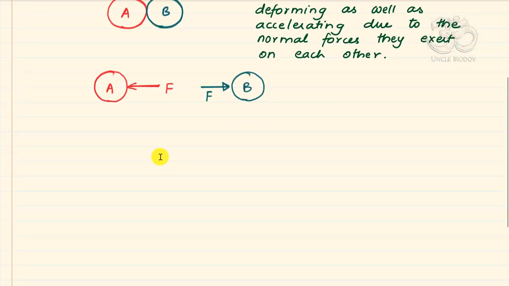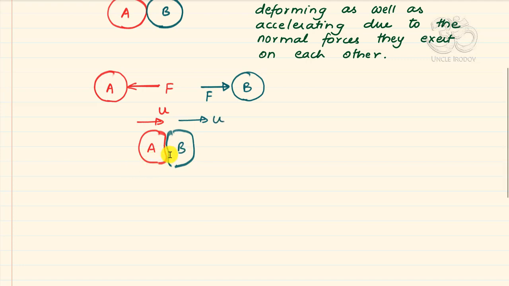There will be a state when A has got sufficiently deformed, like this, B has got deformed like that, and you have A and B traveling at the same velocity. Let's say that's u. So at this point of time, A is traveling at a velocity u and B is traveling at a velocity u.